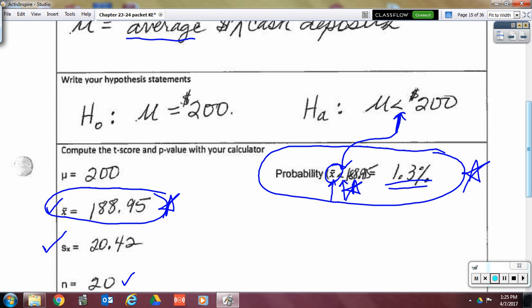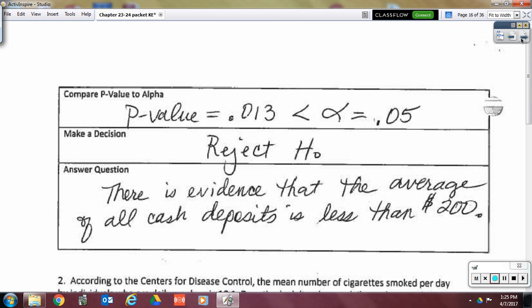Okay, now let's move on to the next. At the top, you write your p-value. That is always in decimal form, so you compare it to alpha, which is a decimal. That number is less than. See, 0.013 is a number that is less than 0.05. I've graded a couple of the problems on the test, and I can see that people don't know which numbers are less than.